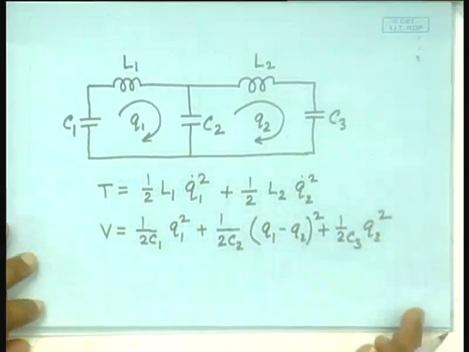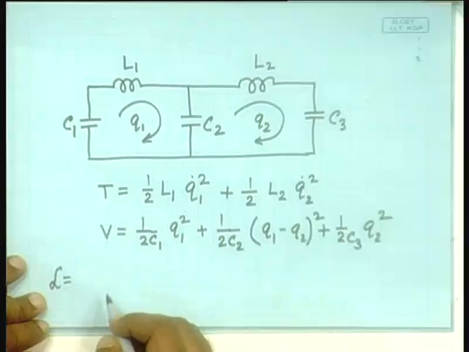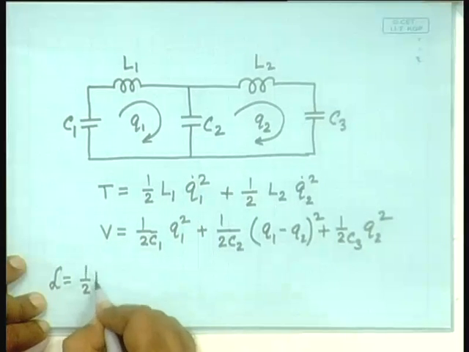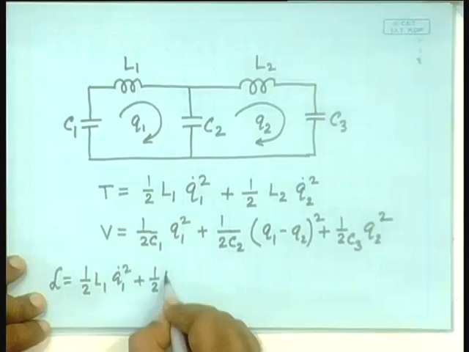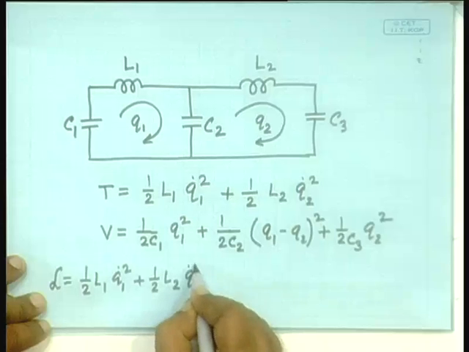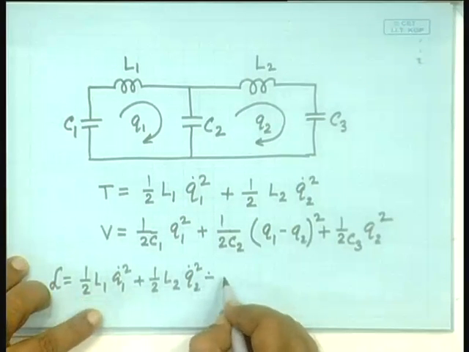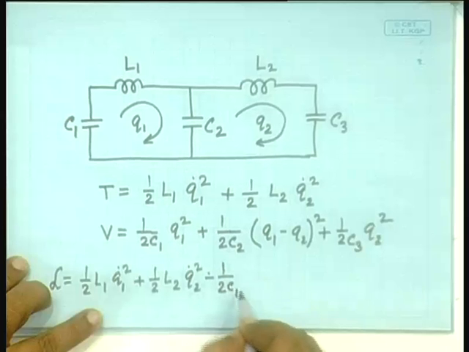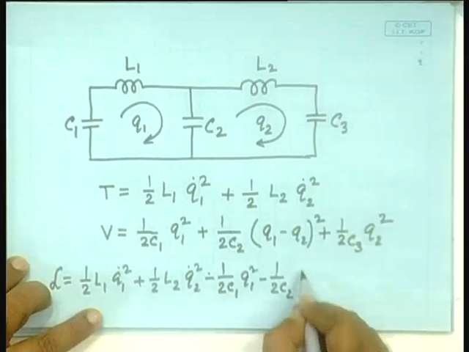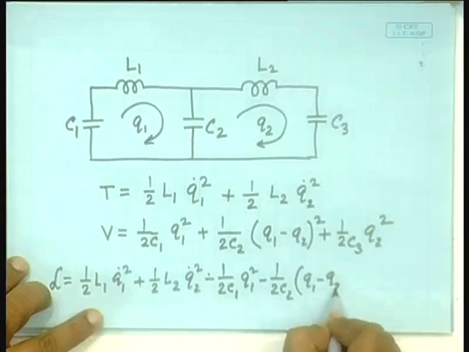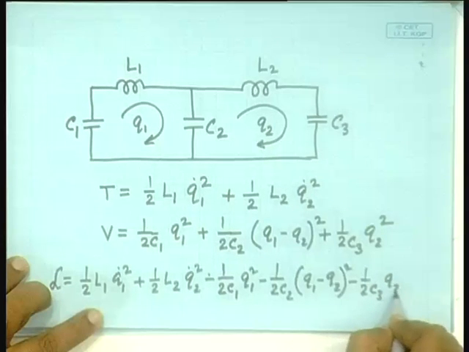When we have written the T and V this way, we can then write the Lagrangian as half L1 Q1 dot square plus half L2 Q2 dot square minus V, that is 1 by 2 C1 Q1 square minus 1 by 2 C2 Q1 minus Q2 square minus 1 by 2 C3 Q2 square.